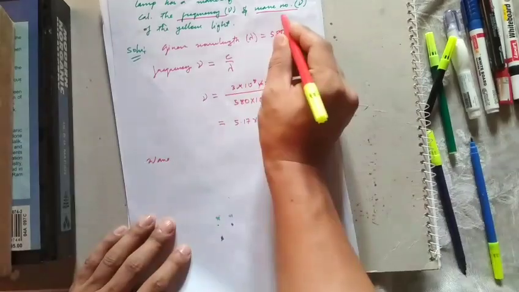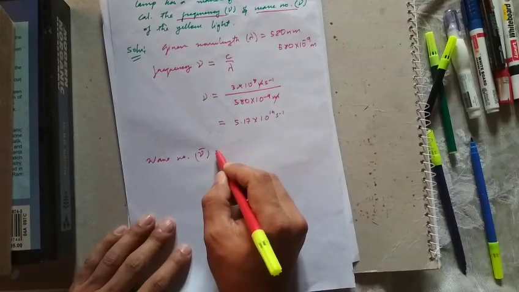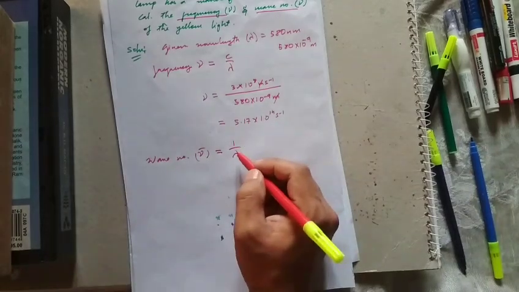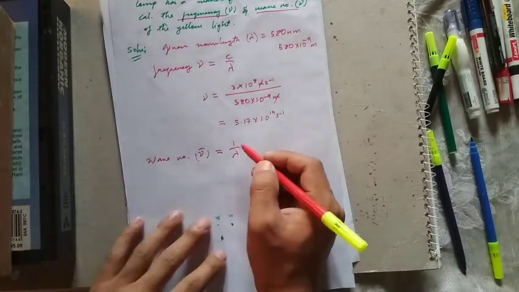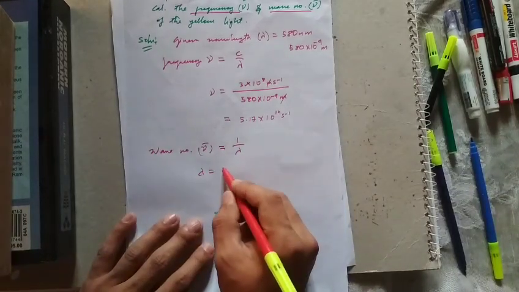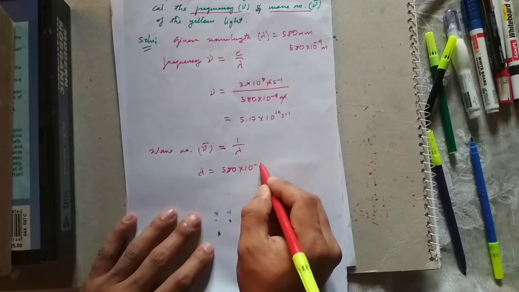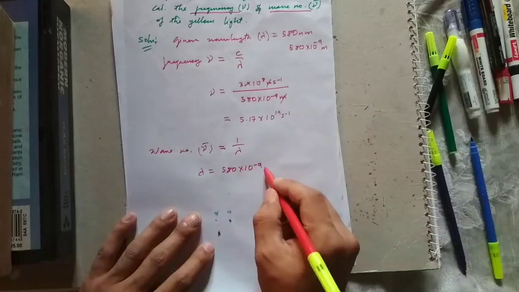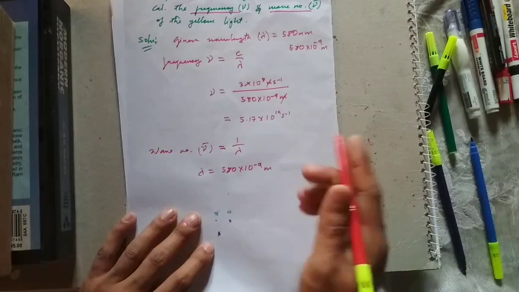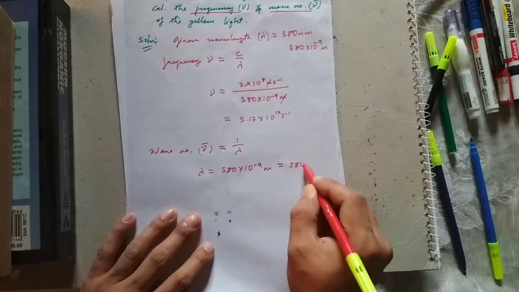Next is wave number. The formula is 1 by lambda, the reciprocal of wavelength. Lambda we know is 580 nanometer. As we have discussed earlier, usually wave number is given in centimeter inverse. So we'll convert this to centimeter.